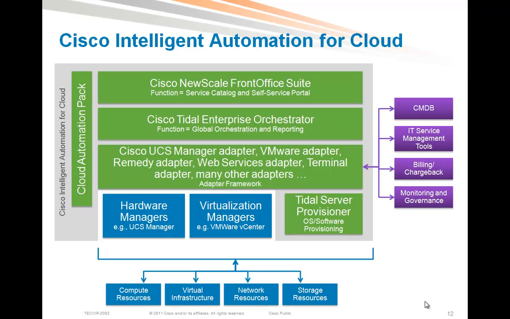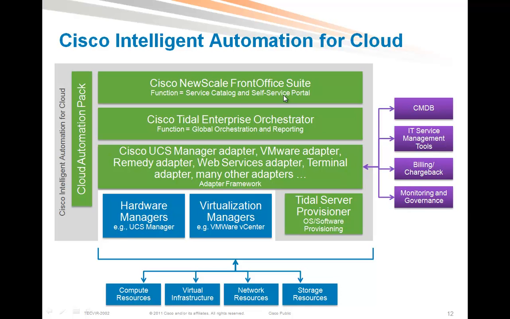So, as I was explaining before, this demo is based on the Cisco Intelligent Automation for Cloud, where we are leveraging the Cisco NewScale front office as the service catalog and a self-service portal.